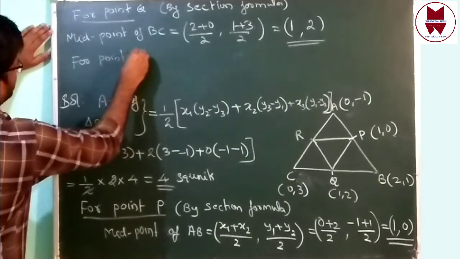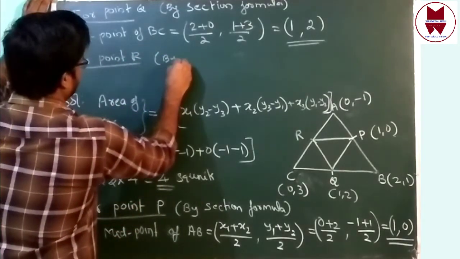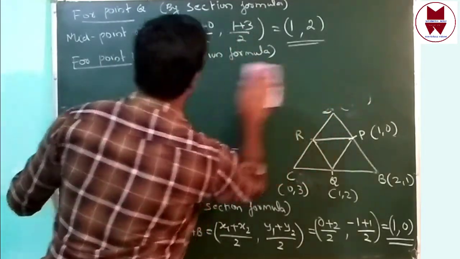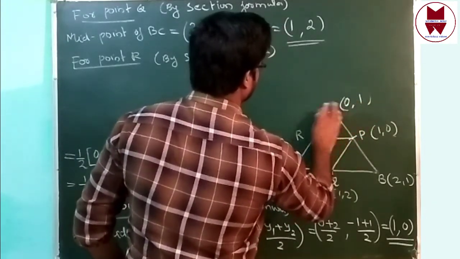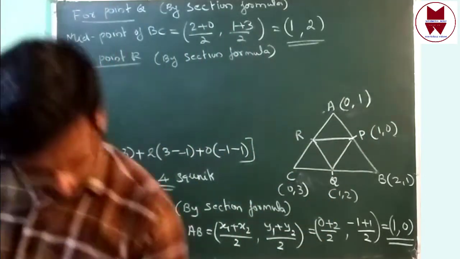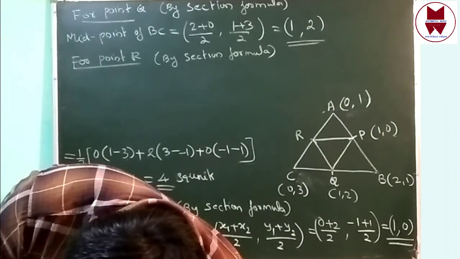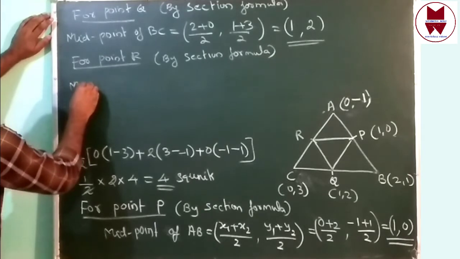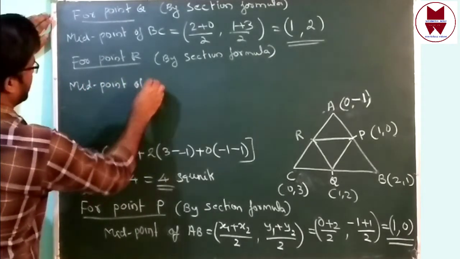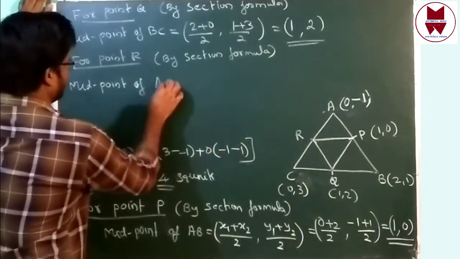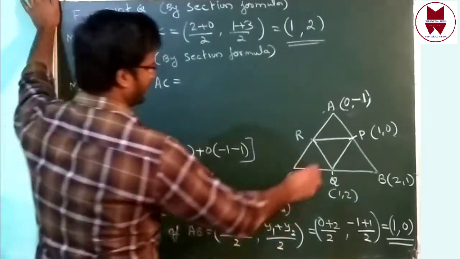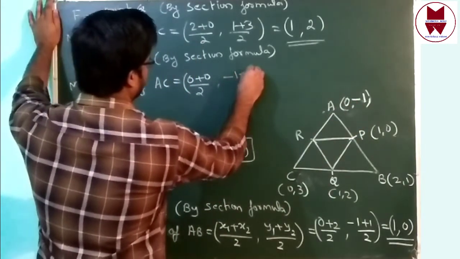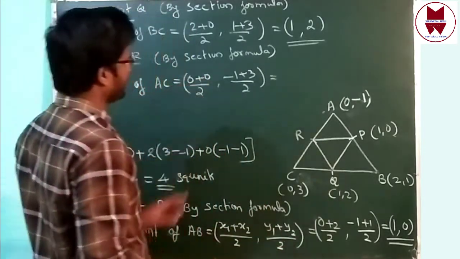Then one more point we need, that is R. For point R, use the section formula. R means the midpoint of AC, equals, using the same formula, x1 plus x2 divided by 2. x1 here is 0 plus 0 divided by 2, then y1 plus y2, that is minus 1 plus 3 divided by 2. 0 plus 0, 0 divided by 2, we get 0.